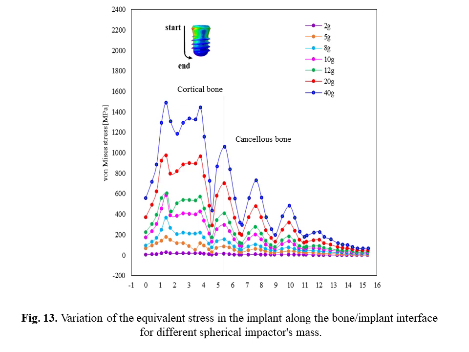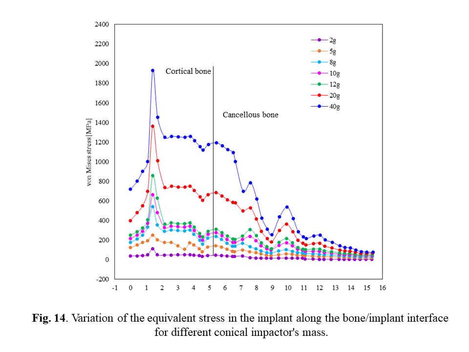Figure 14 represents the variation of the equivalent stress in the implant along the bone implant interface for different conical impactor masses.